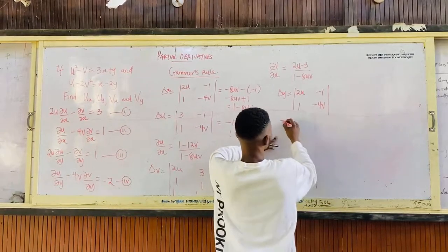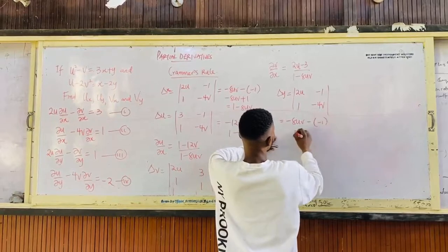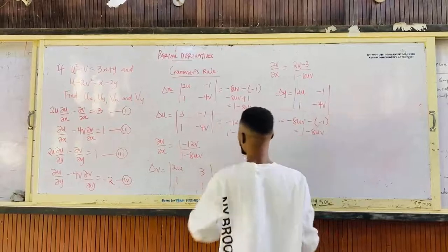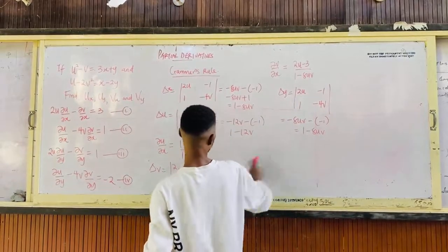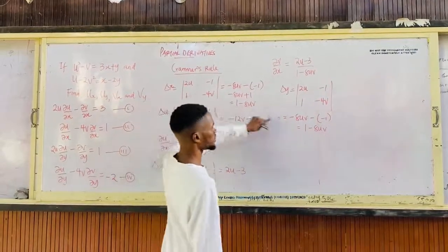So the answer becomes minus 8uv minus 1. The determinant is 1 minus 8uv. So you notice that we have the same thing here, 1 minus 8uv, and 1 minus 8uv. The same thing here and the same thing here.